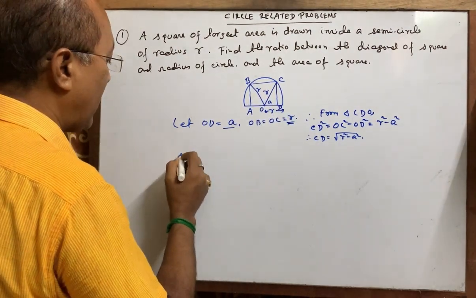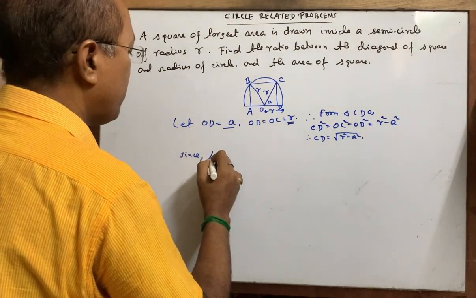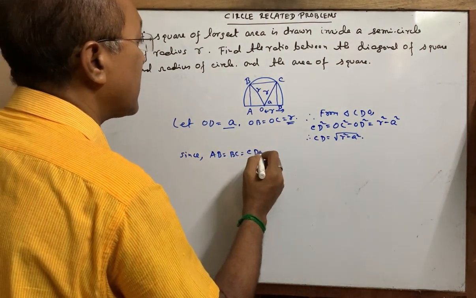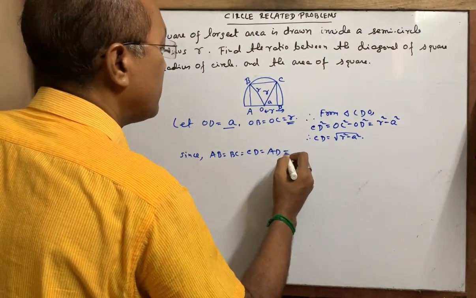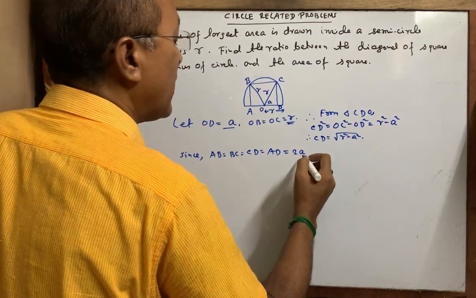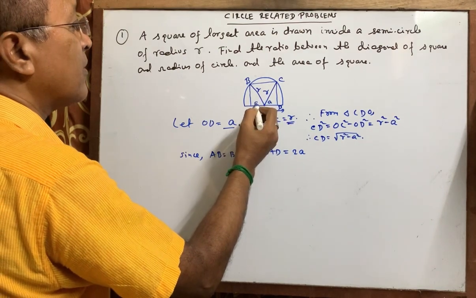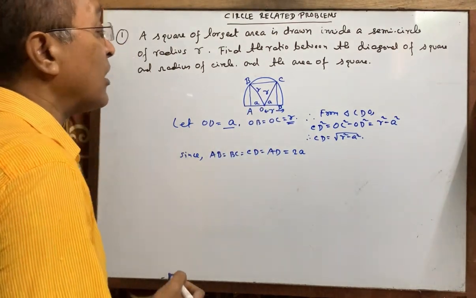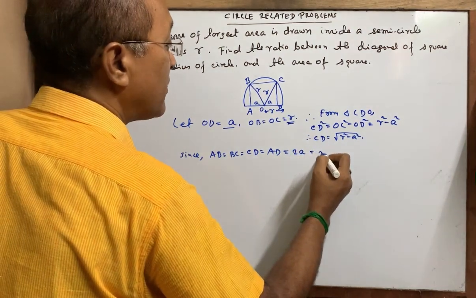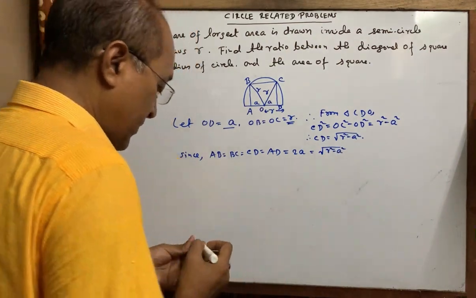ABCD being a square, we can write AB is equal to BC is equal to CD is equal to AD. Considering OD as a and OA will also be a, ultimately AD will be 2a, that is equal to root over R square minus a square, right.